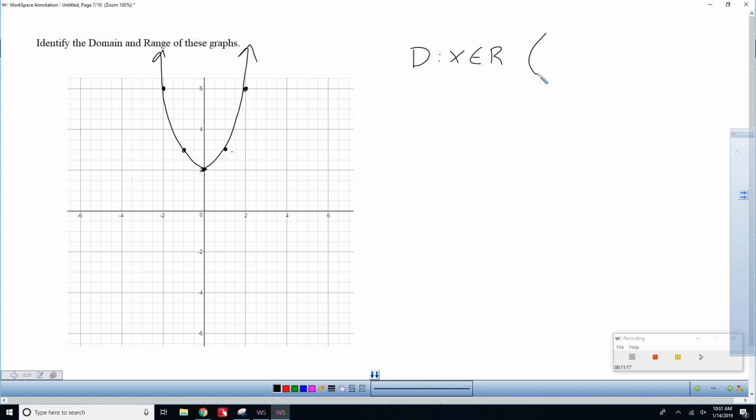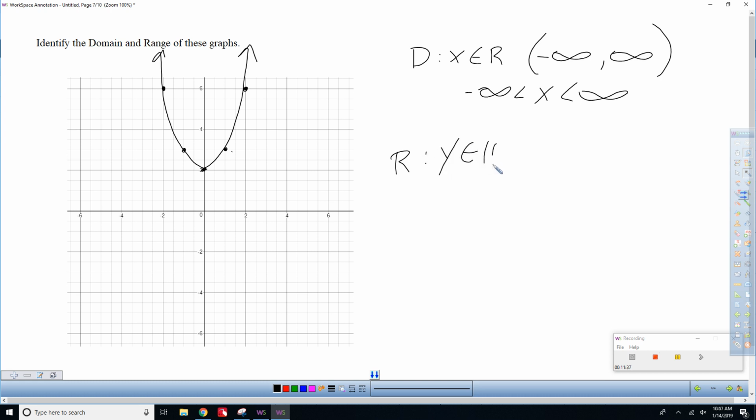You can say that it's from negative infinity to positive infinity, or you can say x goes from negative infinity to positive infinity. That's the domain. The range is not so easy, okay?